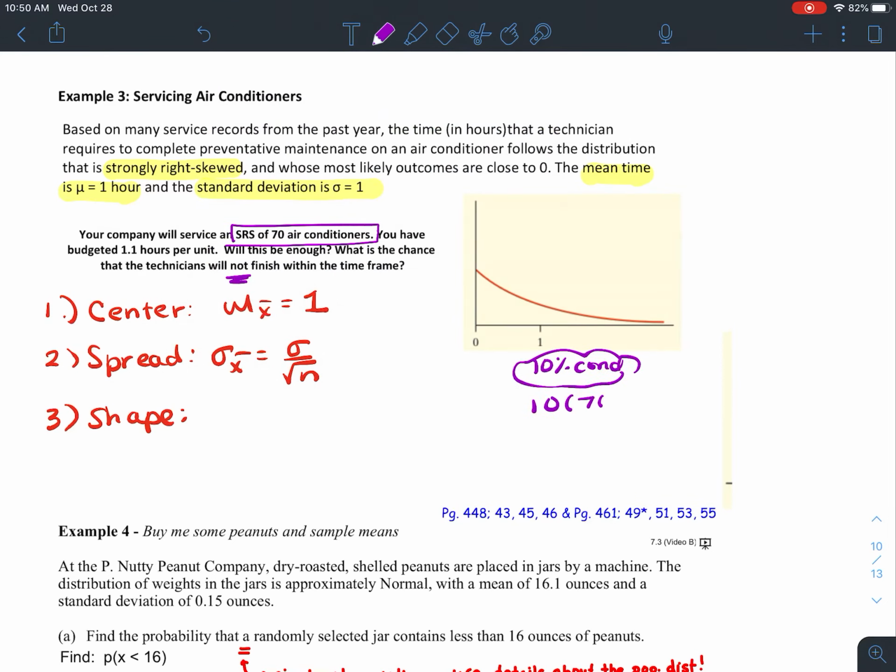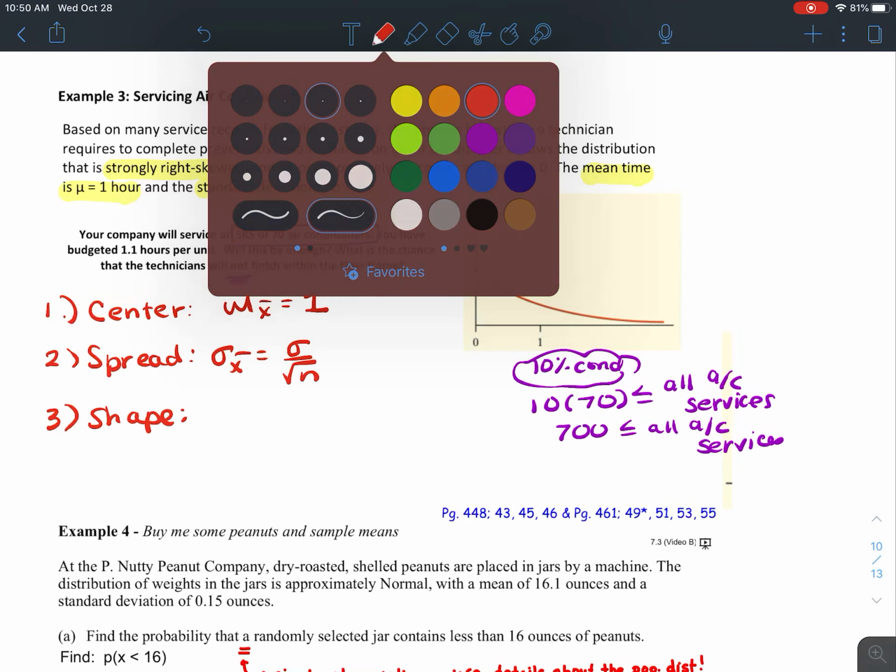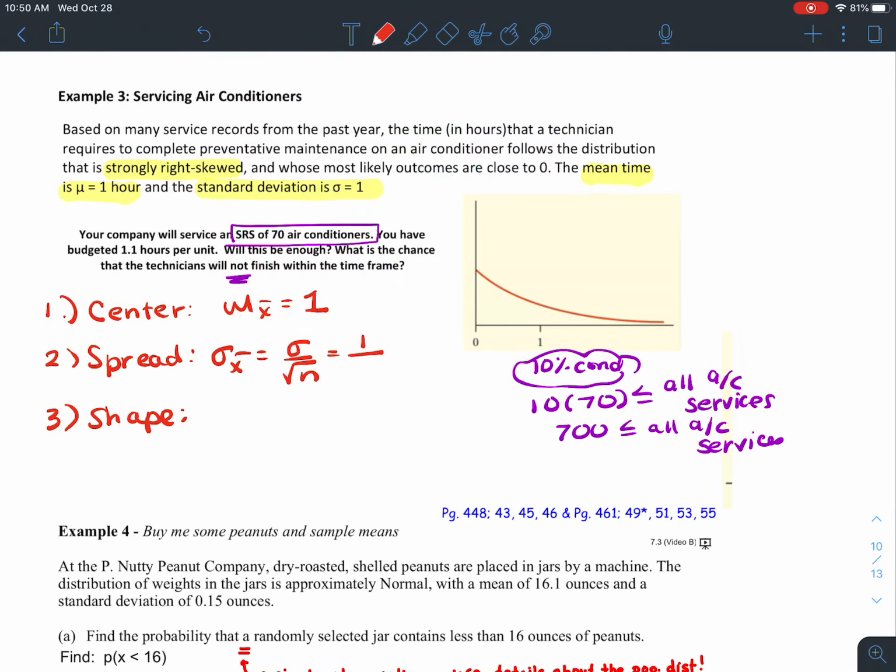Okay, 10 times 70 should be less than or equal to all the air conditioners that this company services. It's probably safe to assume that this company definitely services more than 700 air conditioners. Okay, so I'm going to go ahead and go back and plug in 1 for the population standard deviation, 70 for my sample size.